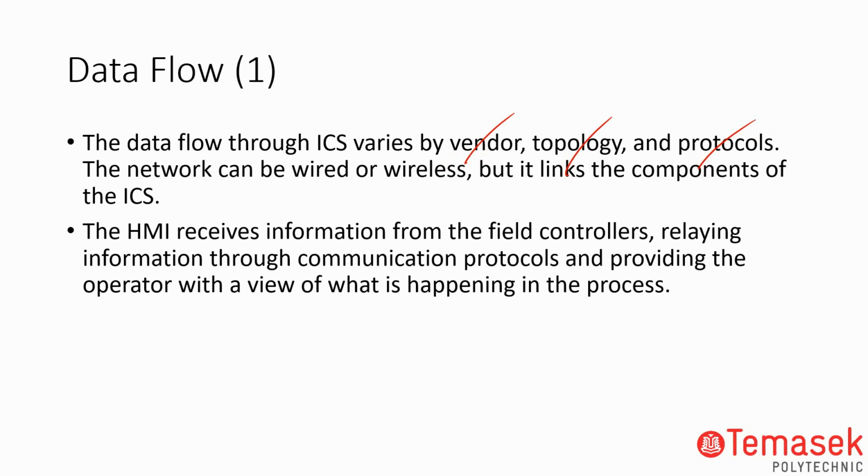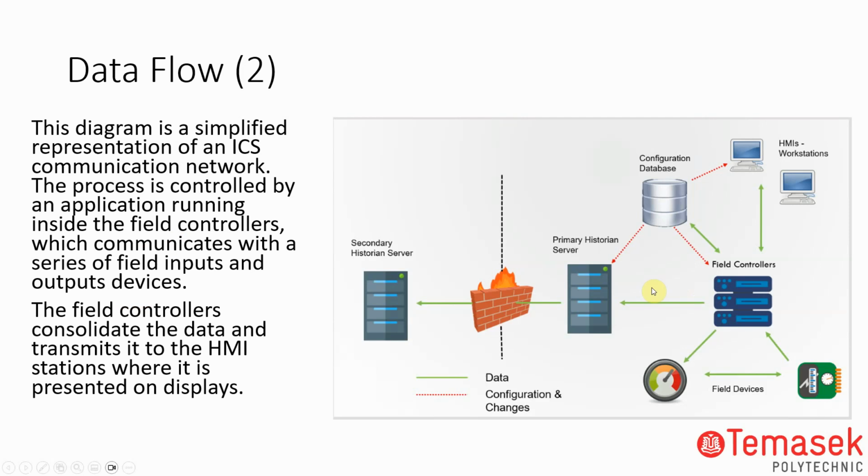The key thing is the HMI receives information from the controller, and then relays the information through a communication protocol to provide the operator what's going on in the field. So this is a design of a flow of the HMI portion. All these are HMIs.